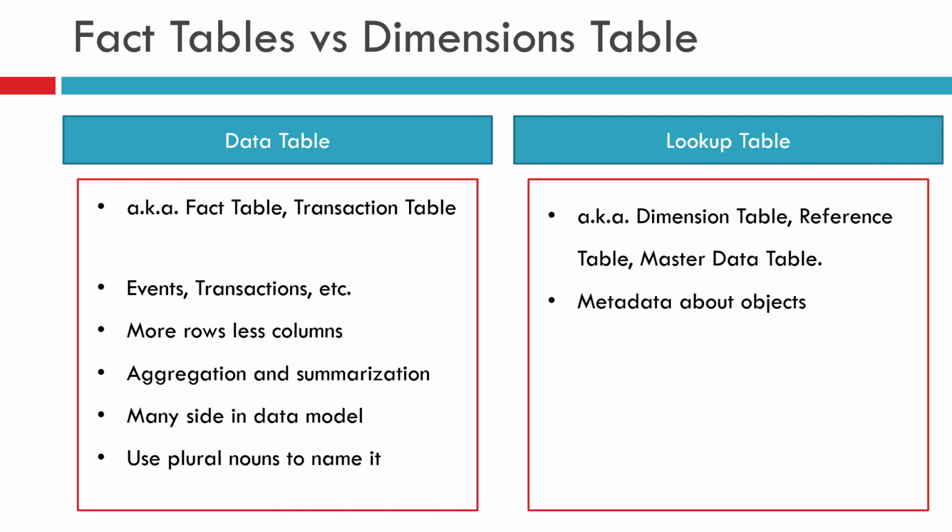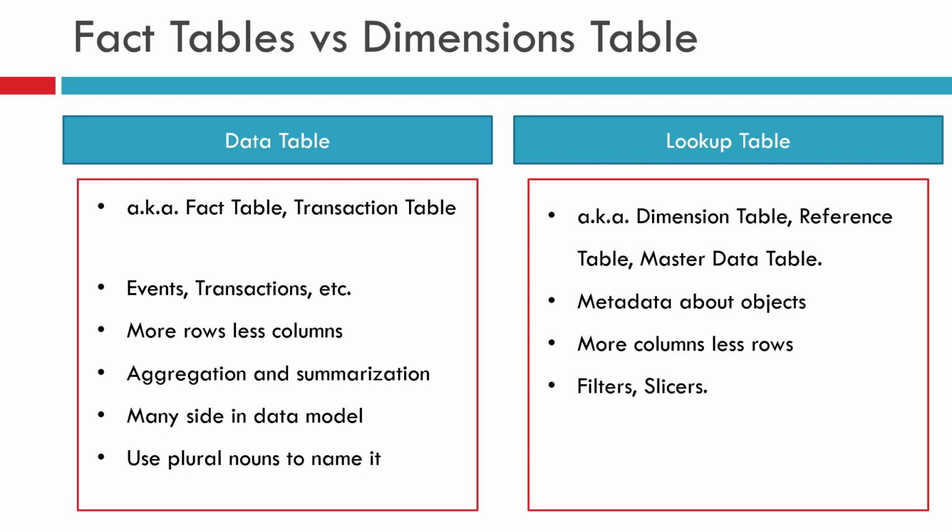Details inside these tables will help us slice and dice the transaction data from various data tables. Lookup tables tend to be smaller than the data tables with fewer rows, and often can be wider with more columns. The rule of thumb is to load one lookup table for each object or dimension you want to analyze. This is both efficient for the database to process and easy for users to understand.